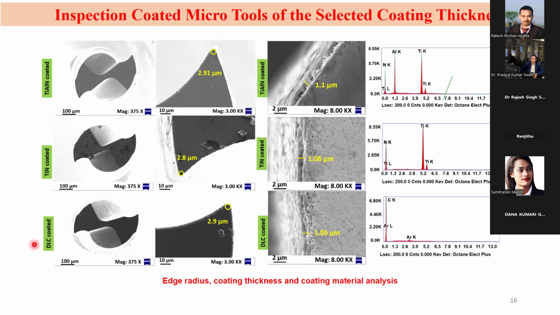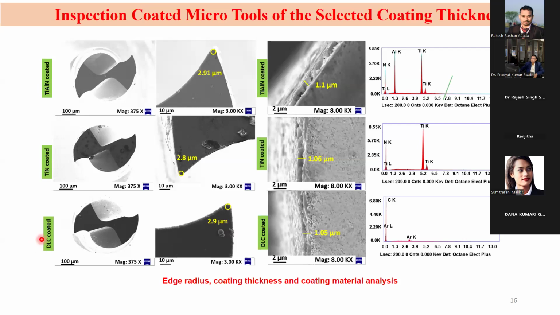Then a comparatively new coating material is coming, called DLC, diamond-like carbon. Actually, this is an amorphous structure of carbon. The structure can be some kind of diamond, sometimes some kind of graphite. That means sometimes sp2 is more, sometimes sp3 is more.